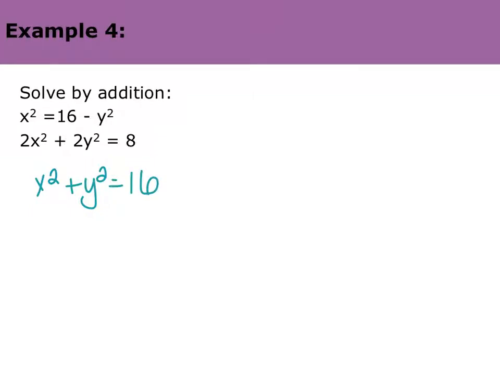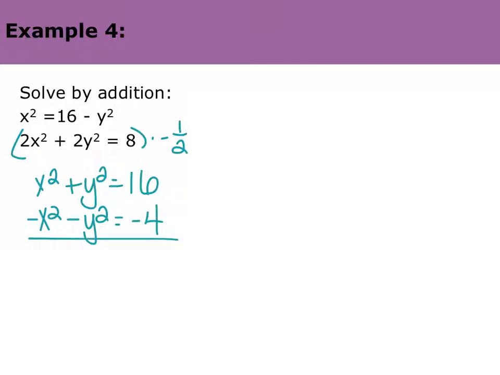And we're going to take the second equation and multiply by negative 1/2. So if we do that, then we've got negative x squared minus y squared equals negative 4.